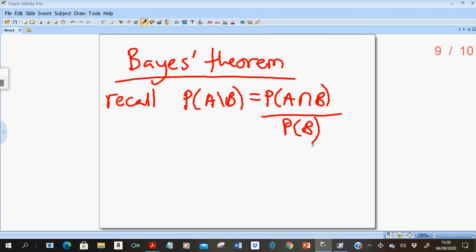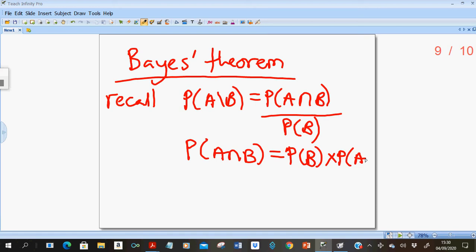If we want to find the probability of A intersection B, this is just the same as probability of B multiplied by the probability of A given B.